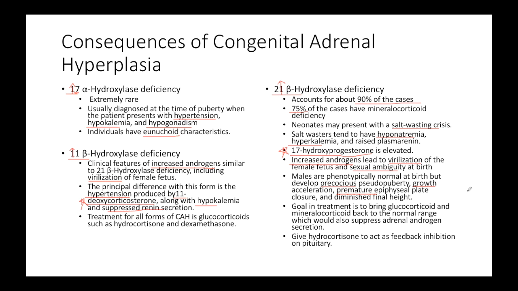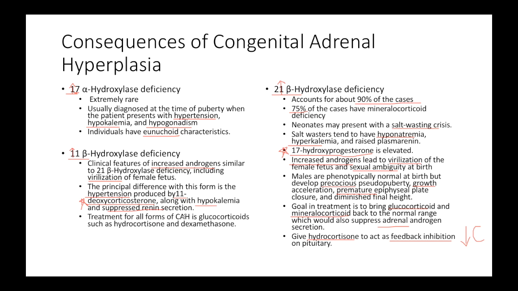And the goal in treatment is to bring glucocorticoid and mineralocorticoid levels back to the normal range here, and also to suppress that adrenal androgen secretion. Hydrocortisone specifically can be given to act as a feedback inhibition on the pituitary because we are lacking cortisol in all of these.